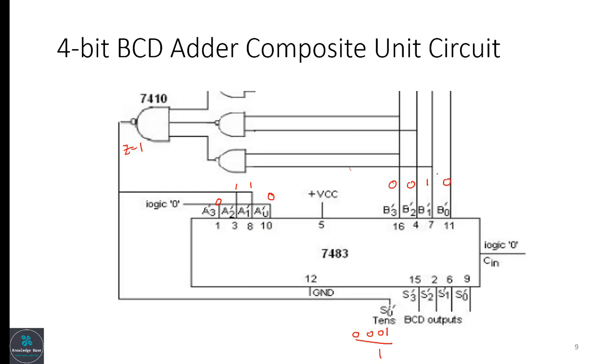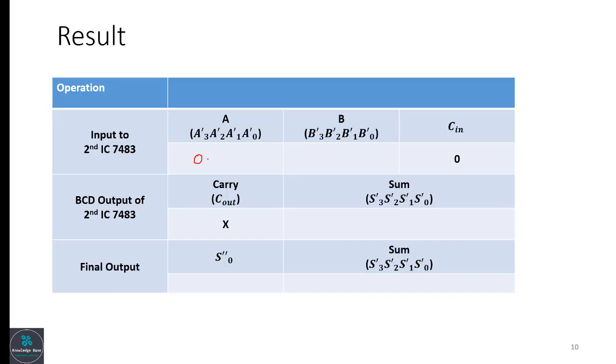So the final summation is 1 0 0 0, which is equivalent to decimal 8. Now, so the final output, the input is 0 1 1 0. Here B input is 0 0 1 0. Summation is 0 0 0 1.